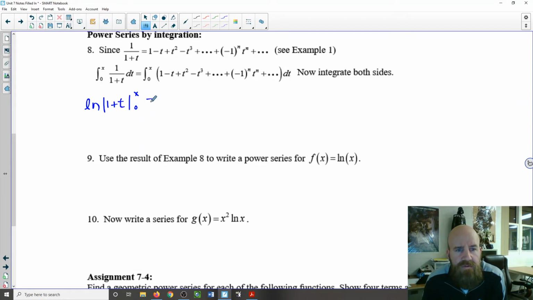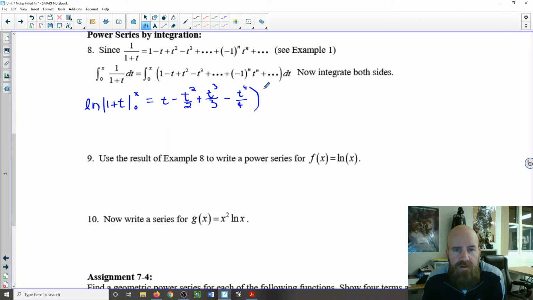And then that equals, we know what the integral of a polynomial is, so that would be t minus t squared over 2 plus t cubed over 3 minus t to the 4th over 4, and so on.